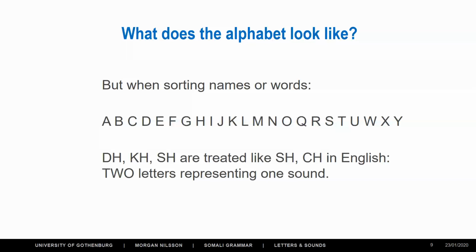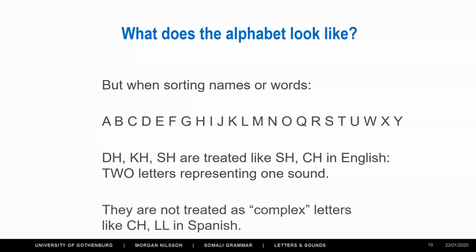These combinations are treated like the combinations sh and ch in English, so they're treated as 2 separate letters for the sorting process, together representing 1 sound. So it's not the case that they are sorted as 1 special complex letter like the ch and the ll in Spanish, for example.